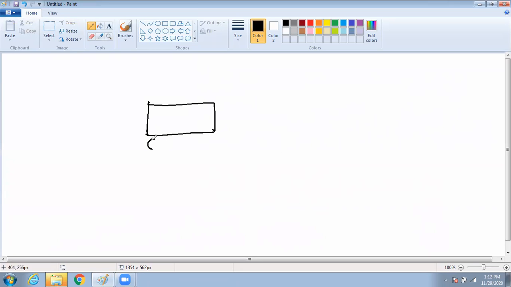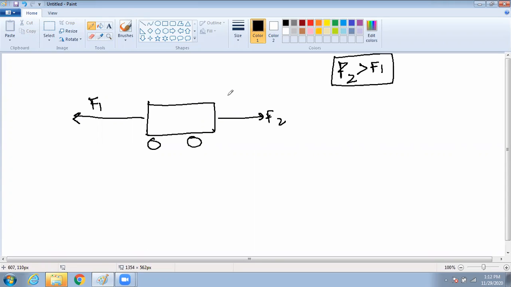There is a body which has wheels, and there are two forces acting, F1 and F2, where F2 is greater than F1. The body mass is m. What is the acceleration?